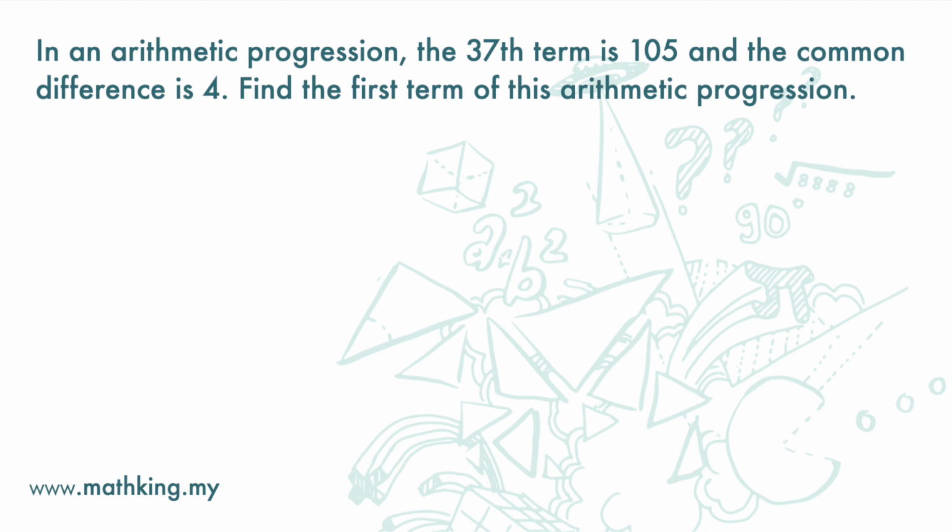In an arithmetic progression, the 37th term is 105, and the common difference is 4. Find the first term of this arithmetic progression. Again, we write out the formula for arithmetic progression. We want to find the first term, and the first term is a in this equation.